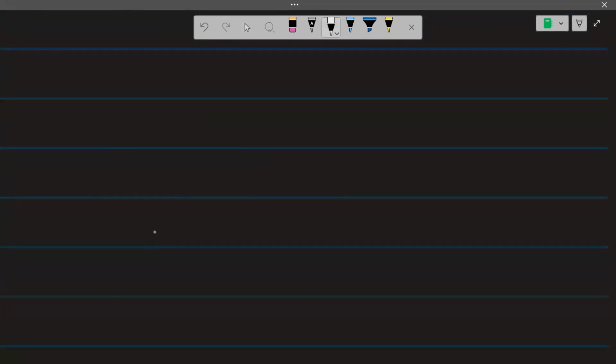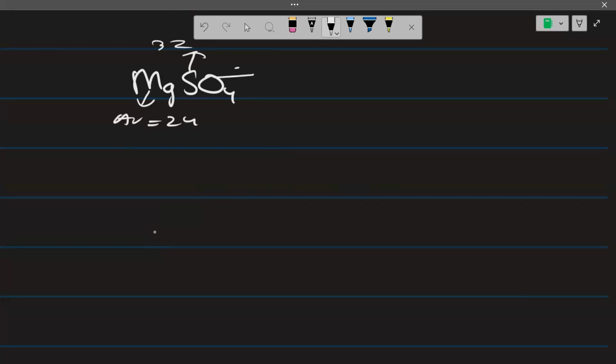Now let's do the last compound, which will be magnesium sulfate, MgSO4. In this, as we know, magnesium's AR is 24, sulfur's AR is 32, and oxygen's AR is 16. So now we will multiply 24 by 1 as magnesium is 1.